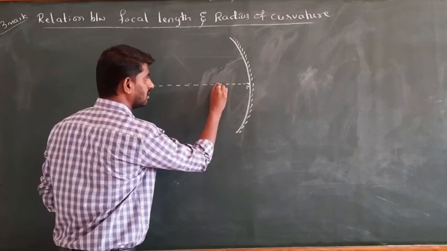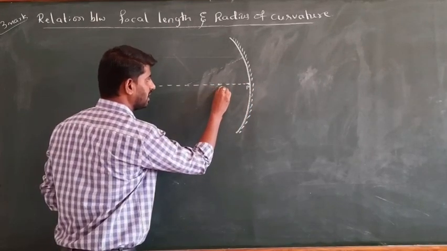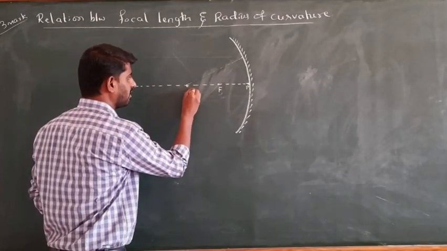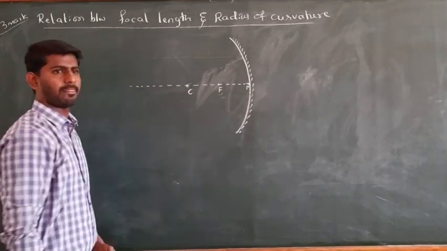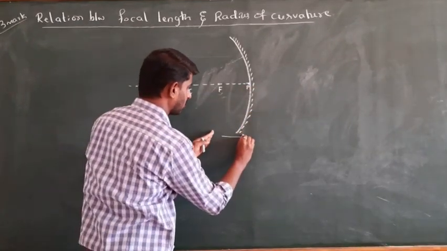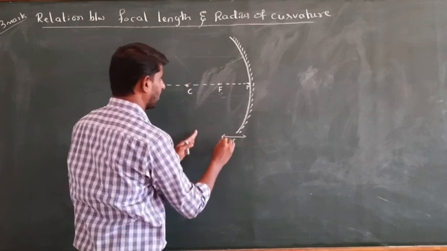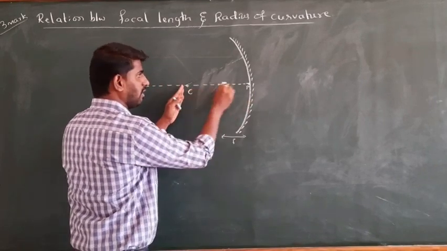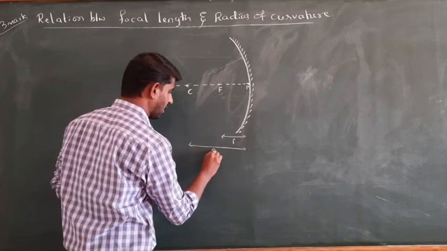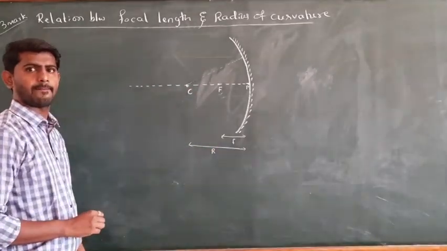And this is the principal focus, indicated by capital F. And this is the center of curvature C. This distance we call the focal length. And the distance of C from the pole is called R, the radius of curvature.